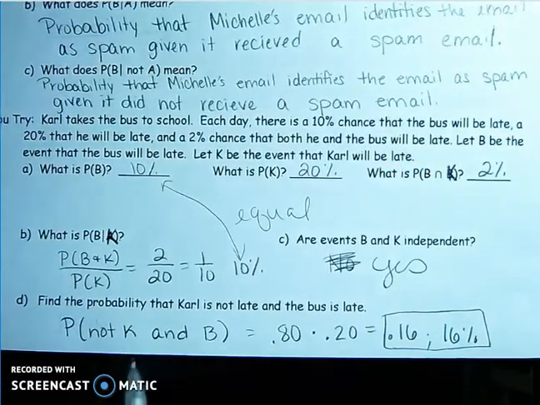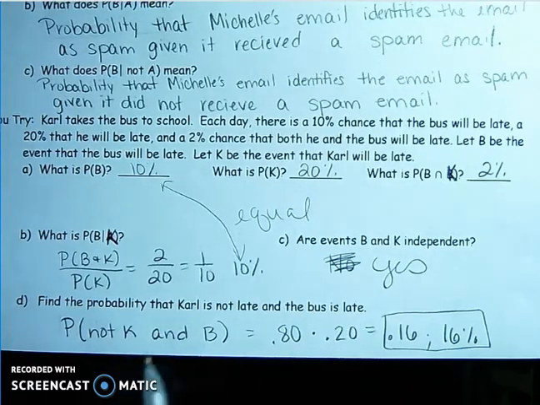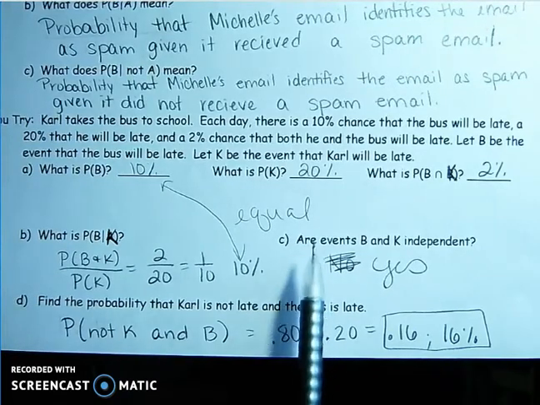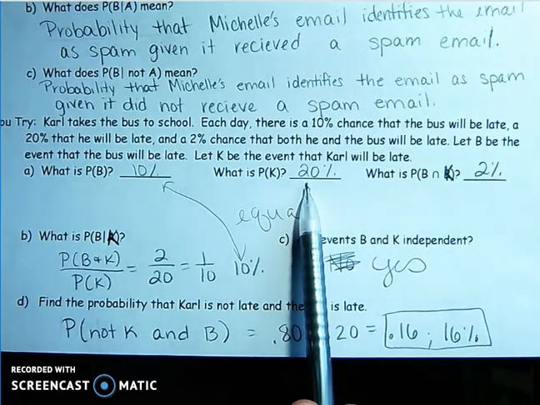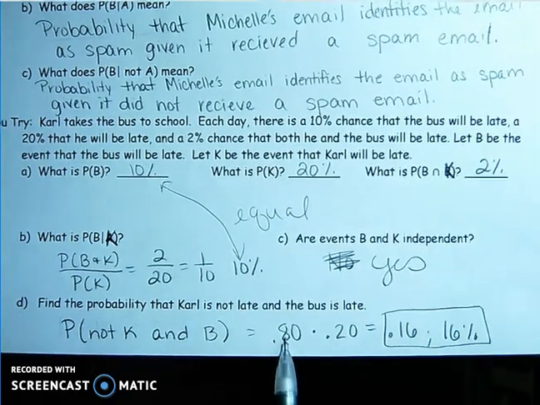Then find the probability that Carl is not late and that the bus is late. So the probability of not K and B, we go back to what we did yesterday. And means to multiply. If the probability that Carl is late is 20%, then he is not late 80% of the time, so that's your 80.